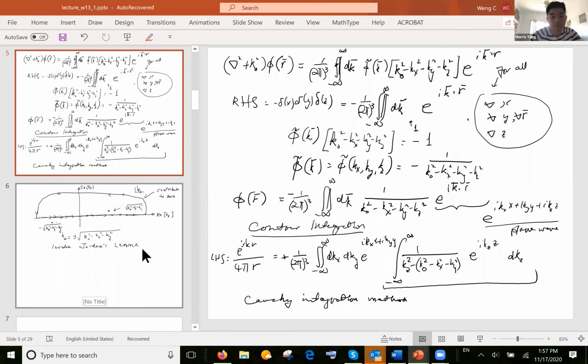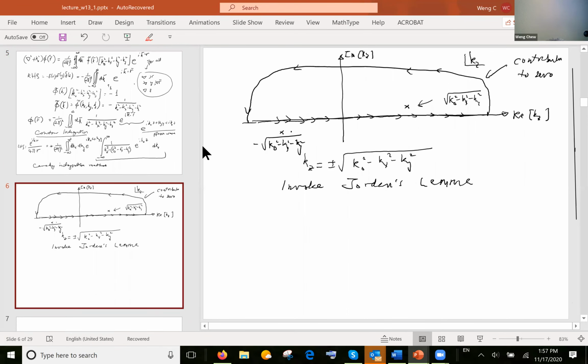I will not go through this, but it's shown in very many complex variable textbooks. By Jordan's lemma, this goes to 0. So by the argument, this contour integral along the real axis is the same as the contour integral along the real axis plus this integration. But this integration contributes nothing, so I have not changed the integration value at all.